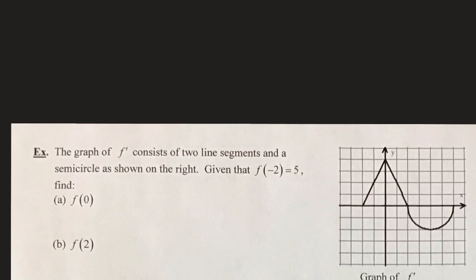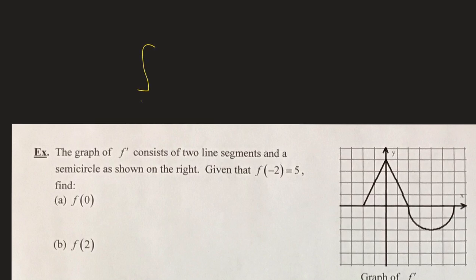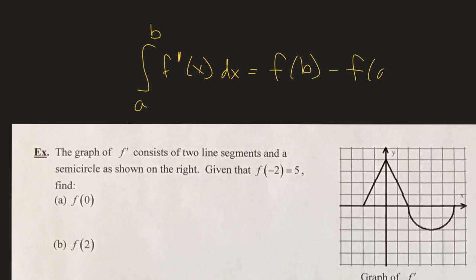Remember, we're using the fundamental theorem of calculus, which says if we take the integral from a lower bound to an upper bound of some function that happens to be a derivative, that's f of b minus f of a. Notice there's no more primes on your answers. This is a prime, some type of a derivative. We take its antiderivative and we can evaluate it for f.